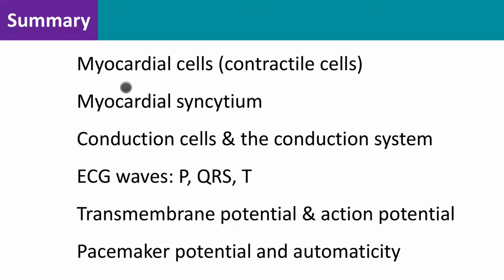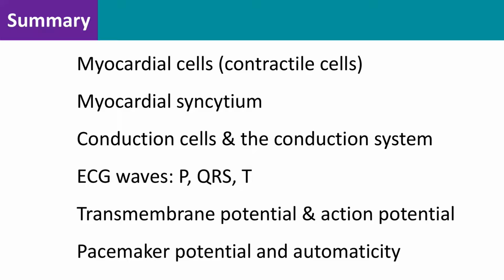Now let's summarize what we have learned so far. We have discussed the myocardial cells, which are also referred to as contractile cells. We have discussed the architecture of the myocardial tissue, which is referred to as the myocardial syncytium. We've discussed the conduction cells and the various components of the conduction system.